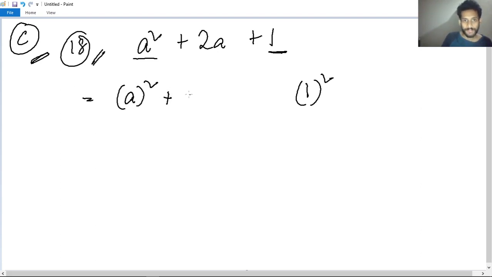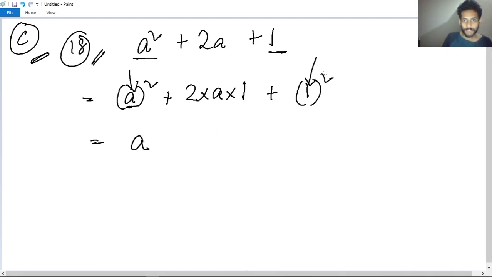So write twice into A. The inside part is a, not the whole square part. This part is a and this part is b. So 2a, then this one will be coming here.